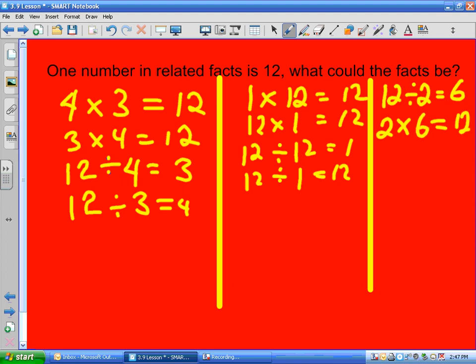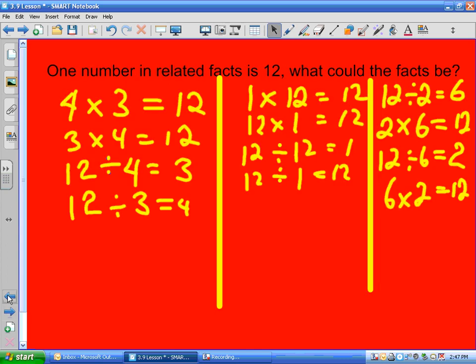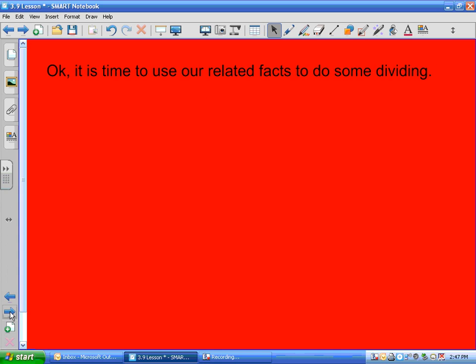All right. Is there any more? Josh? 12 divided by 6 equals 3. There you go. And the last one, 6 times 2 is equal to 12. So have we got them all? Well, we actually have. So let's take a look at the answer. Good, we have them all.